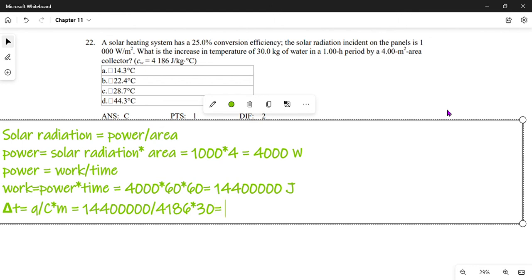All of this equals this number, 140.6 degrees Celsius.